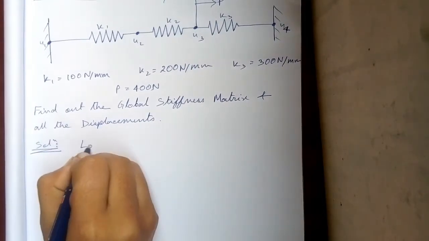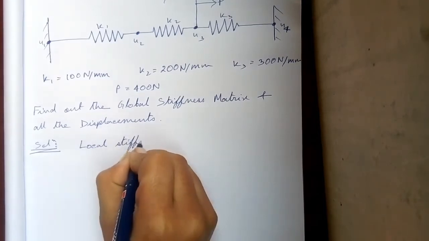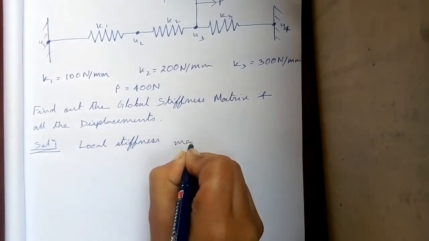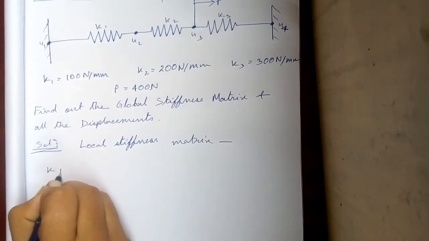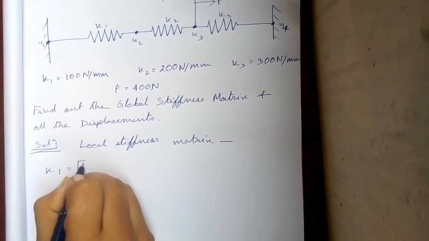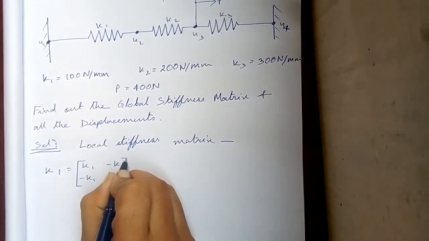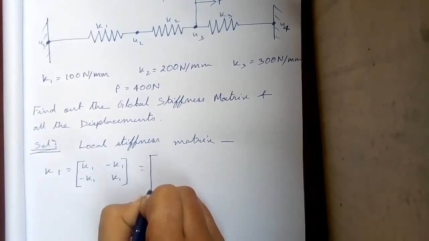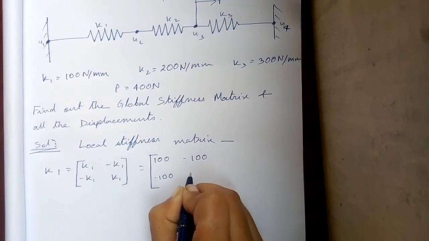The formula for local stiffness matrix for a spring element is, for K1 it is K1 minus K1 minus K1 and K1. Put the values 100 minus 100 minus 100 and 100.